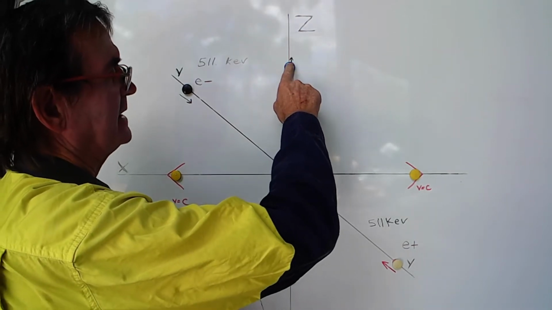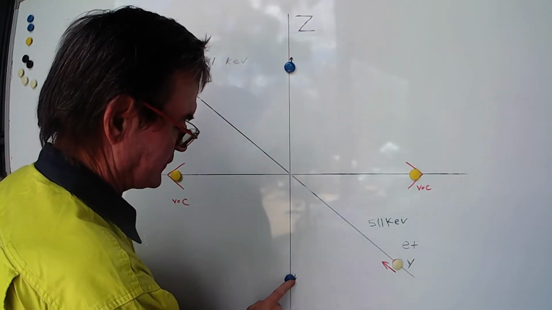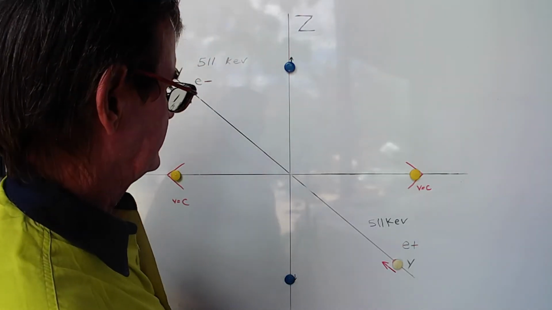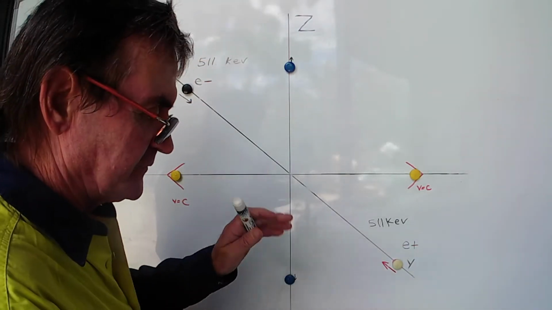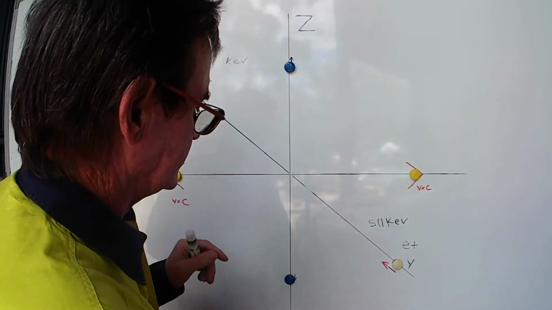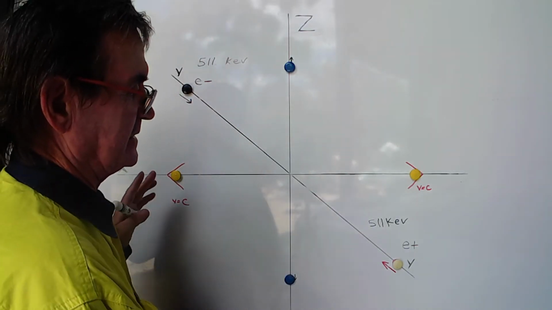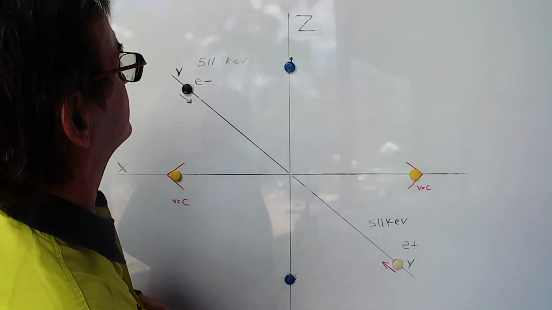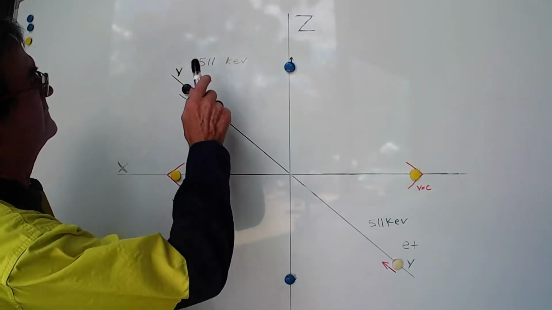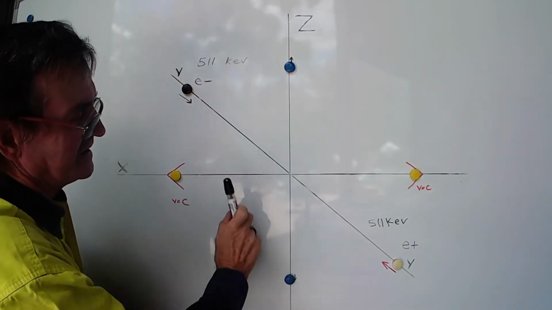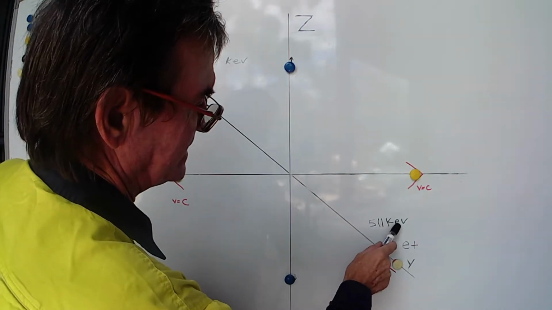One anti-electron neutrino and one electron neutrino. So this all conforms to the right-hand rule, and you can work out the charges and the directions and the velocities, but the important thing to remember is that we've got 511 keV here and 511 keV here.